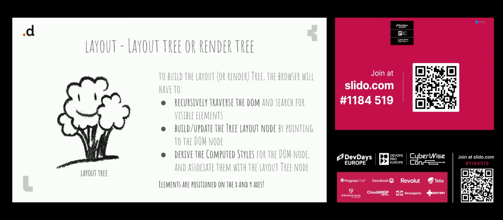It builds and updates the layout tree, with each node pointing to its DOM node, creating a relationship between each layout tree node and DOM node. Then it derives the computed style for the DOM node and associates it with the layout tree node.